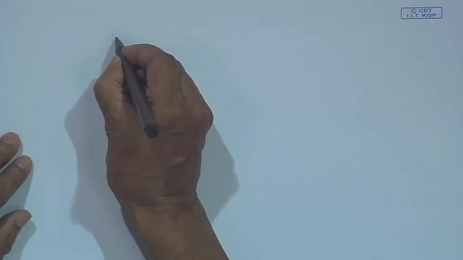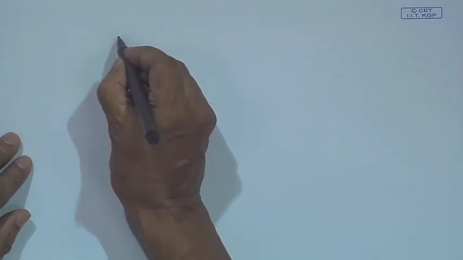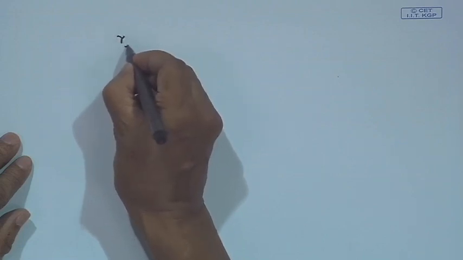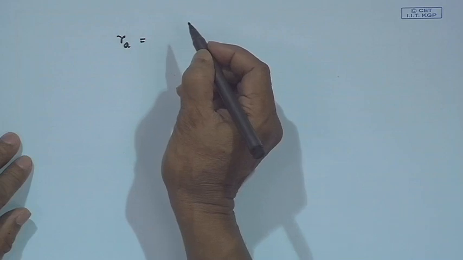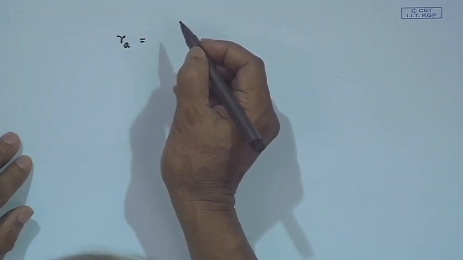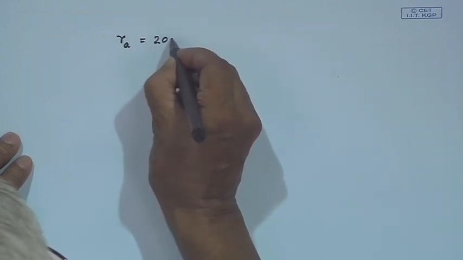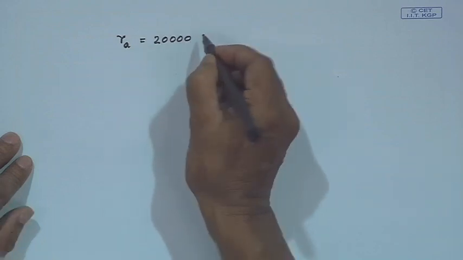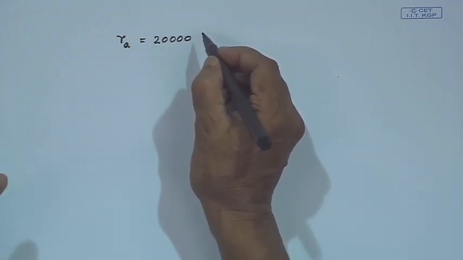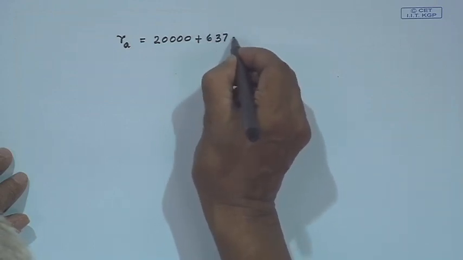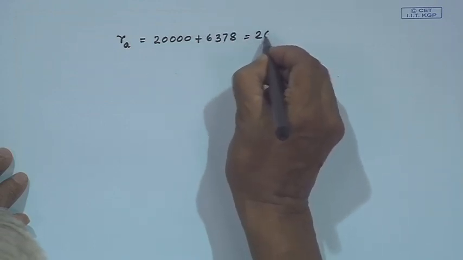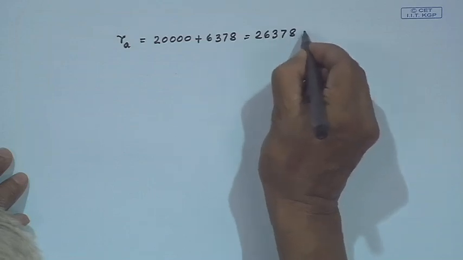First, the apogee height is given. So, the apogee distance, if I call it R A, is the apogee height 20,000 kilometer plus 6378, that is 26378 kilometer.